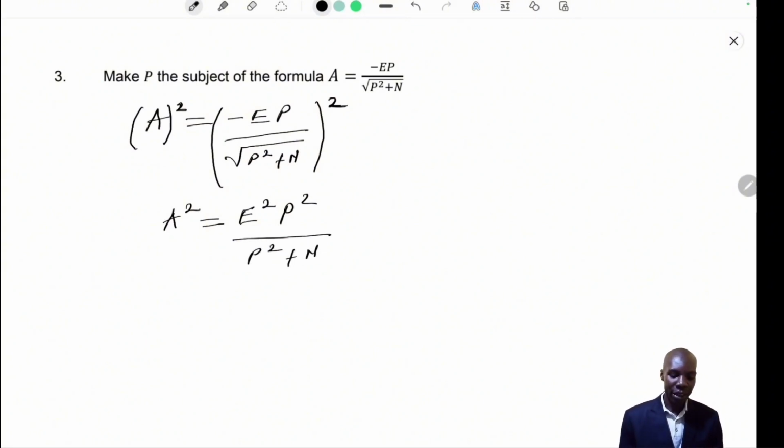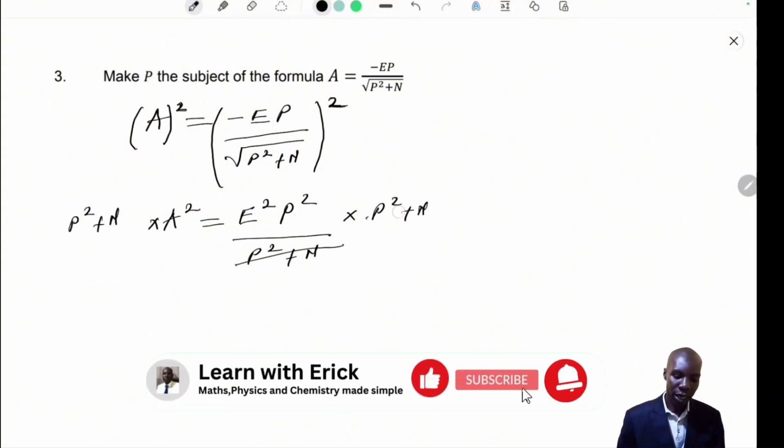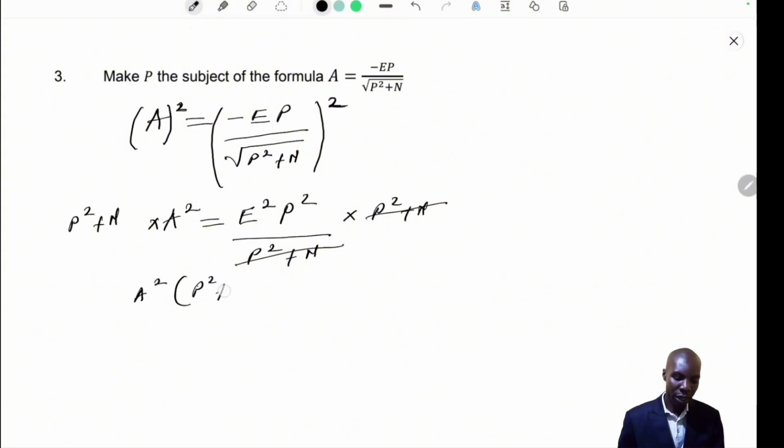Then from there, we are going to cross multiply so that we do away with the denominator. So we'll multiply both sides by p squared plus n. So this one will cancel out. So we are going to have a squared in bracket p squared plus n giving us e squared p squared.